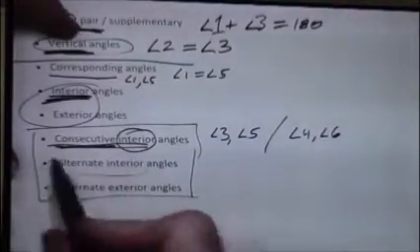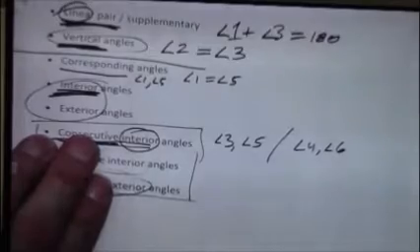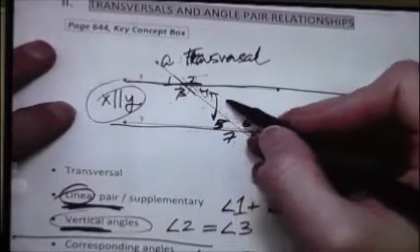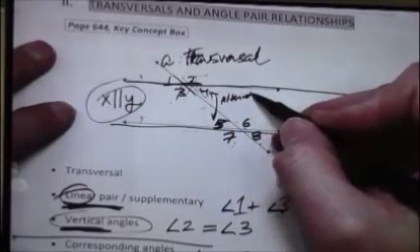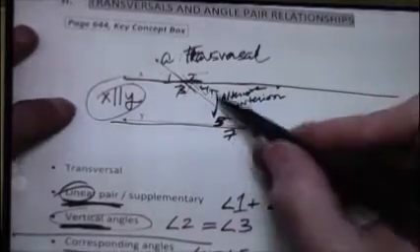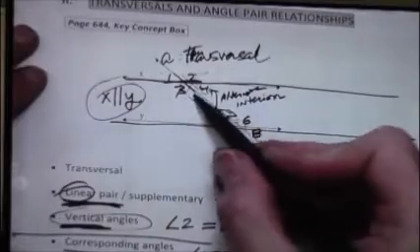Now, alternate interior and alternate exterior, interior and exterior, you recognize that. Alternate means opposite sides here. So what that means is that 4 and 5 are alternate interior. I'm going to emphasize those, and 3 and 6 is alternate interior as well, where they're inside and they're on the opposite parts of each other.